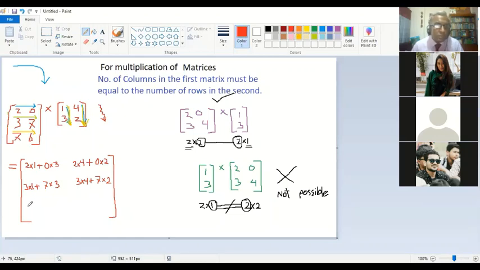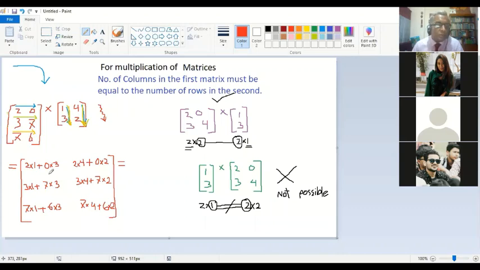And then move to the next part: 7 into 4, plus 6 into 2. Correct. So this is the answer actually, and you do the calculation and find out the numbers.